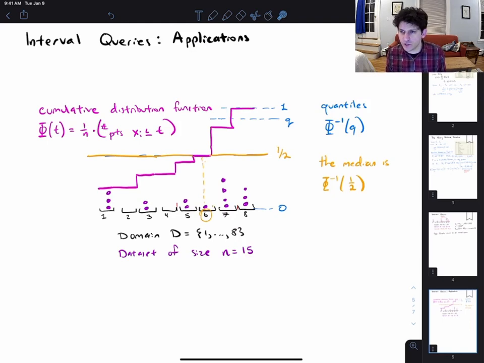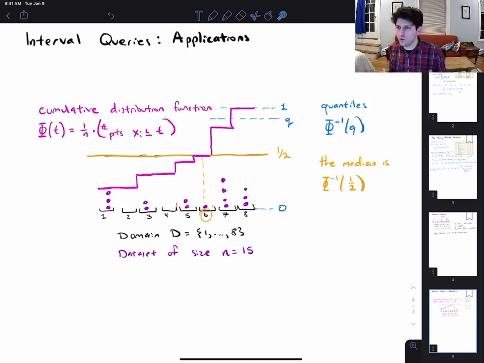And the cumulative distribution function is a really useful way of summarizing the data, and it's of course implied by having all the intervals. Every point on this cumulative distribution function is just asking how many people fall in the interval 1 to t. So in fact, it's a strict subset of all the information we get out of the intervals. And if I have the cumulative distribution function, I can compute things like quantiles.